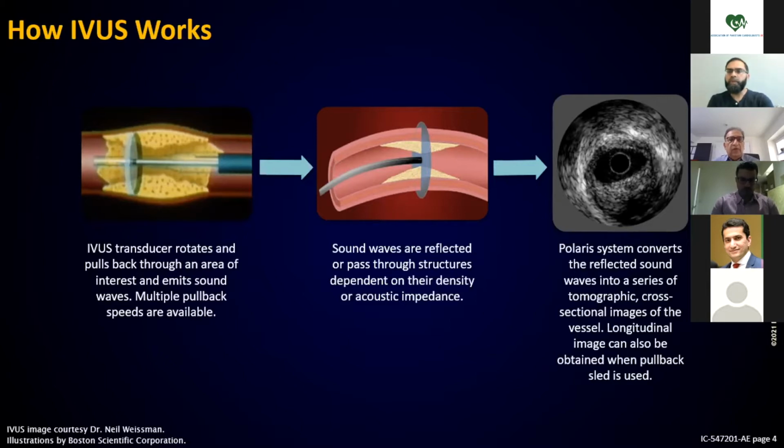Multiple pullback speeds are available in the majority of intravascular ultrasound machines nowadays. Sound waves are reflected or passed through different structures dependent on the density or acoustic impedance. And the Polaris system is one of the new systems where the transducer is rotated and thus produces the imaging.